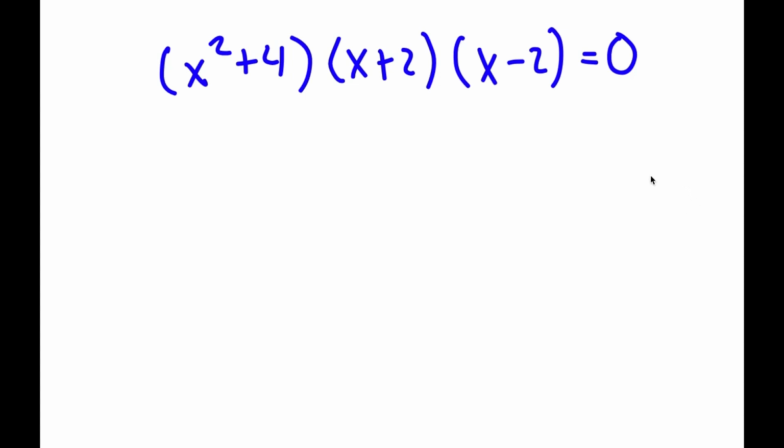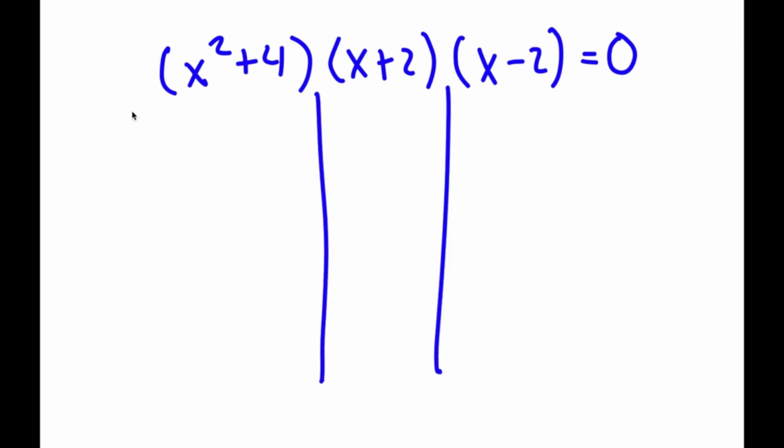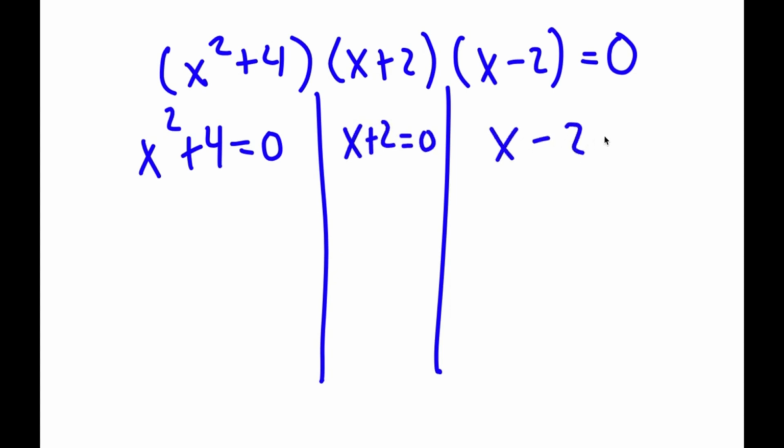So now, this gives me three equations to work with. I have x squared plus 4 is equal to 0. I have x plus 2 is equal to 0. And I have x minus 2 is equal to 0.